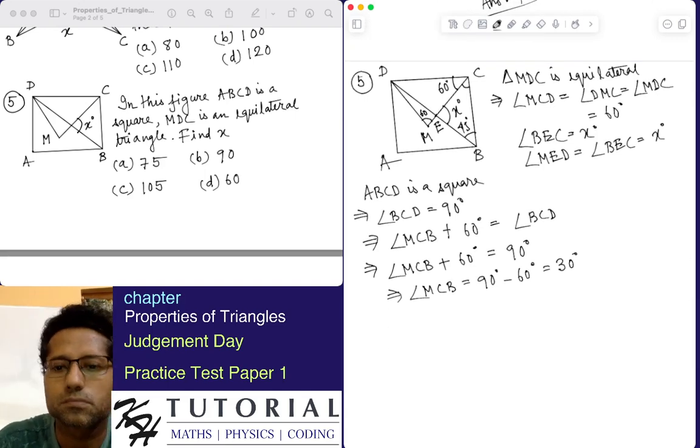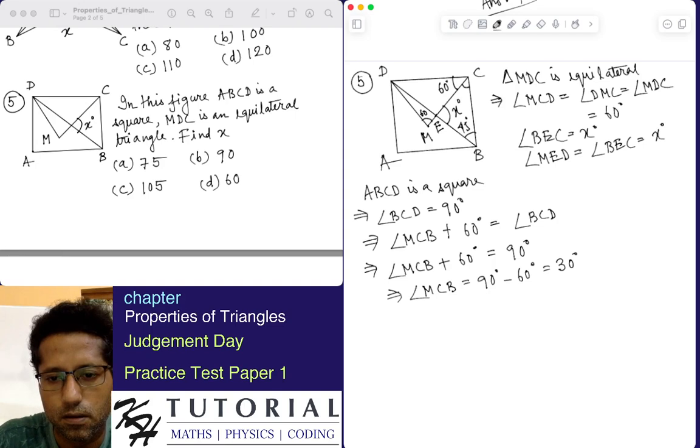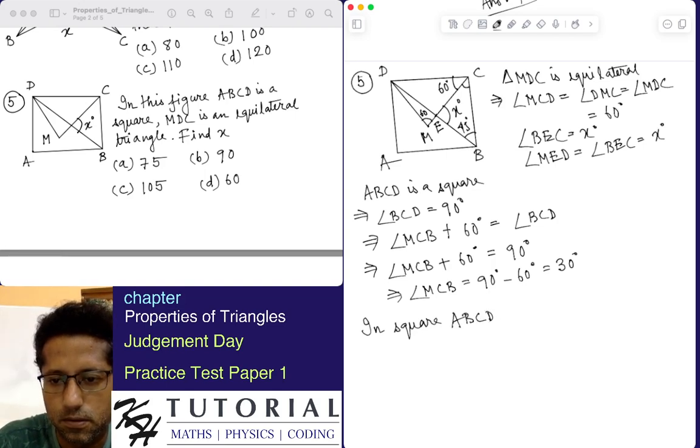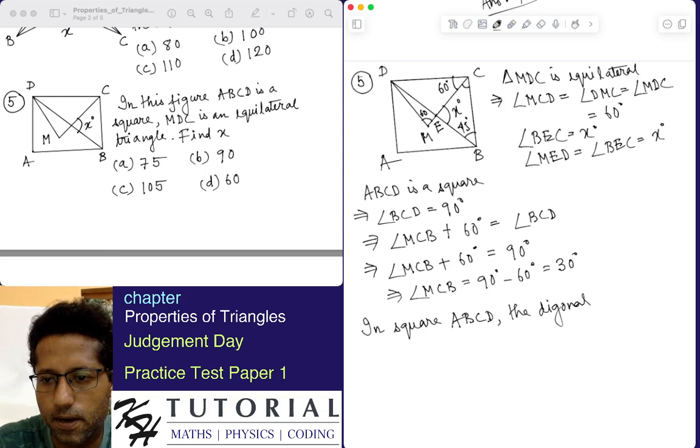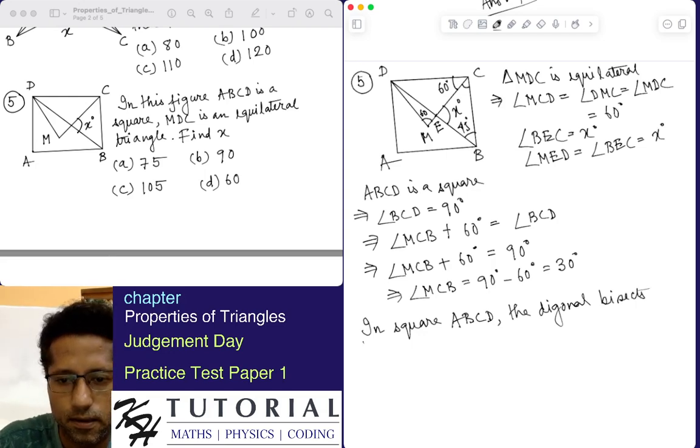Also, in square ABCD, the diagonal bisects the angle ABC.